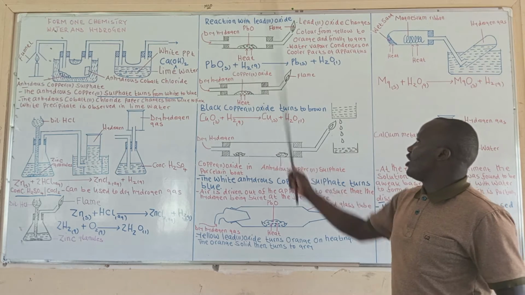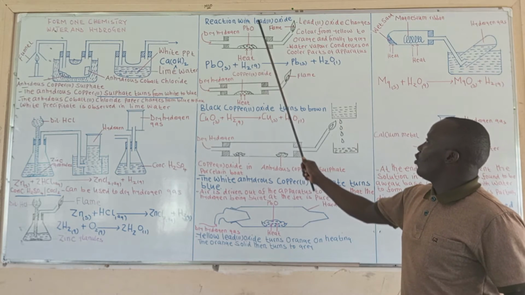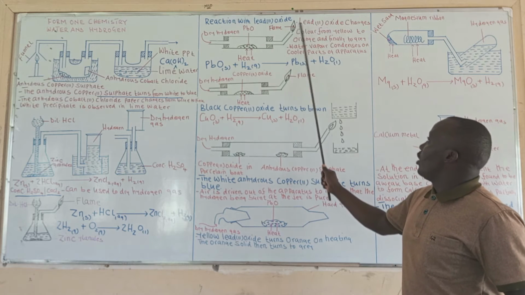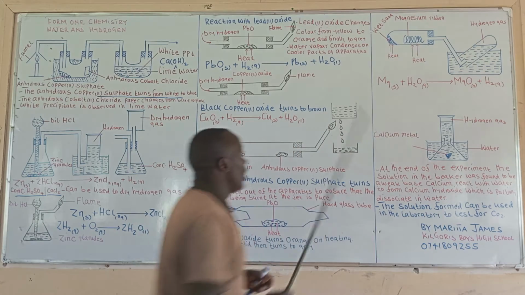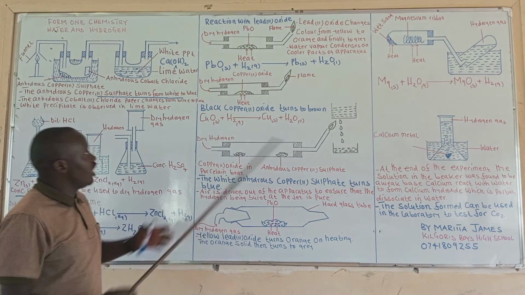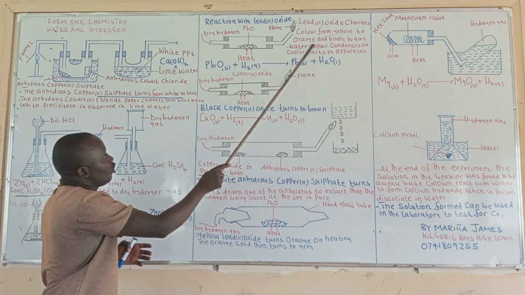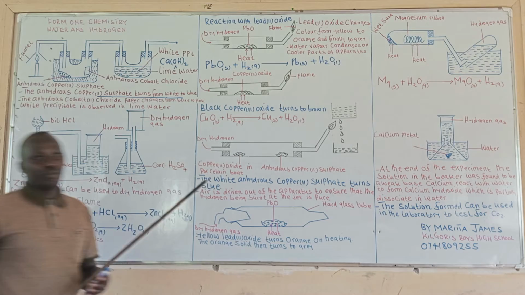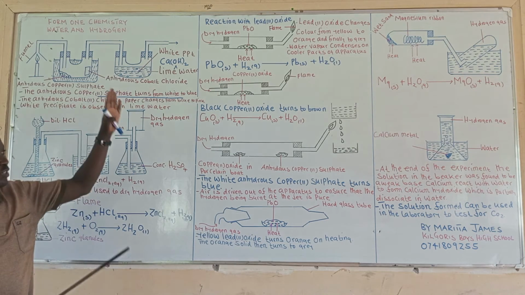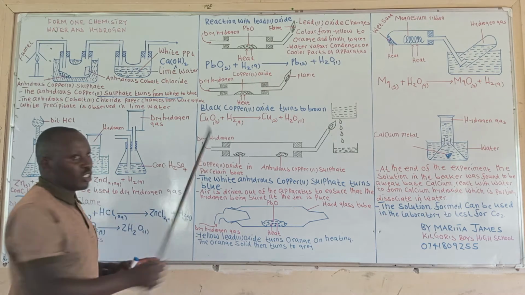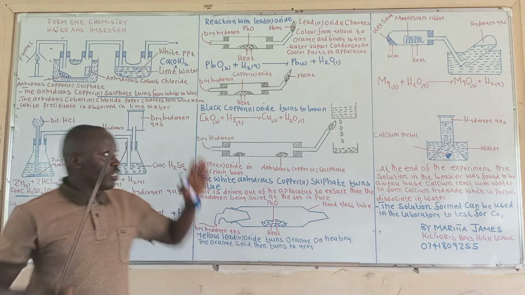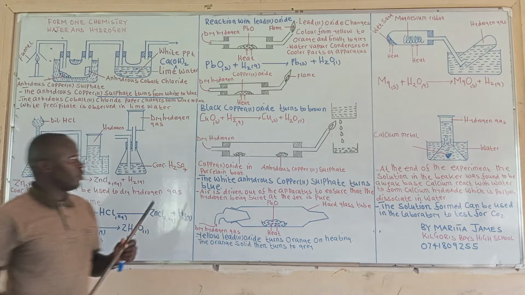You have a dry hydrogen gas, then we have heat, then we have this lead oxide, and then we have hydrogen burning at the jet. So in that case, the lead oxide will change color from yellow to orange and finally to gray. That is the observation that you will get from this experiment. So water vapor condenses on the cooler parts of the apparatus. And those are the observations you can make from that one.